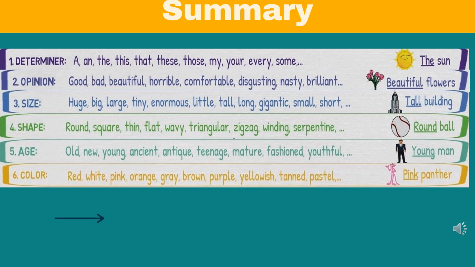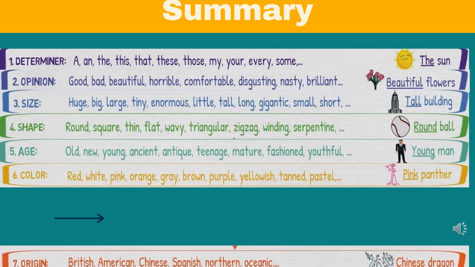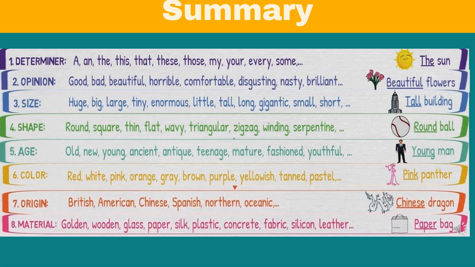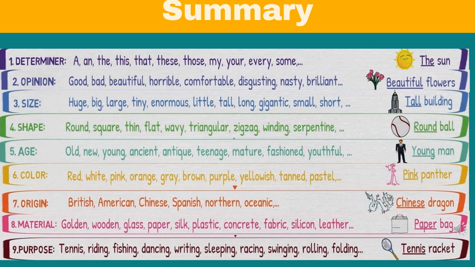Color, what color? Red, purple. Origin, where from? Chinese, American. Material, made of what? Wooden, silk. Purpose, what is it for? Sleeping, tennis. Remember this sequence. You won't often use all 9, but when you use multiple adjectives, this is the correct order.